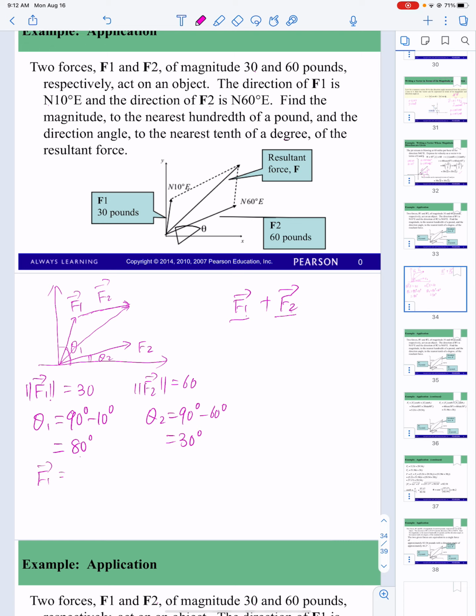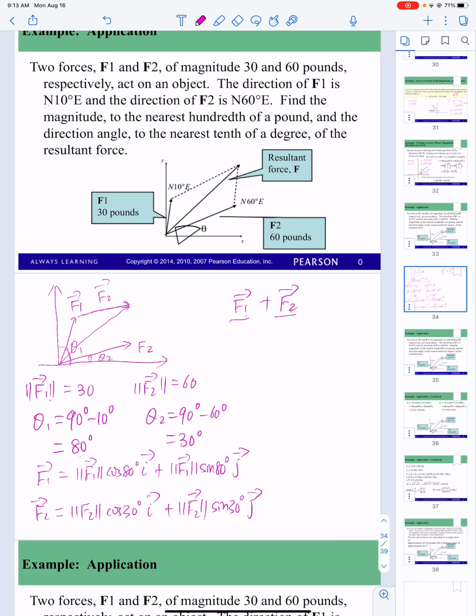F1 will be equal to the magnitude of F1 times cosine 80 degrees i, that will be the horizontal, plus the magnitude of F1 times sine of 80 degrees j, that is the vertical. For F2, it will be the magnitude of F2 times cosine 30 degrees i, and the magnitude of F2 times sine of 30 degrees j.